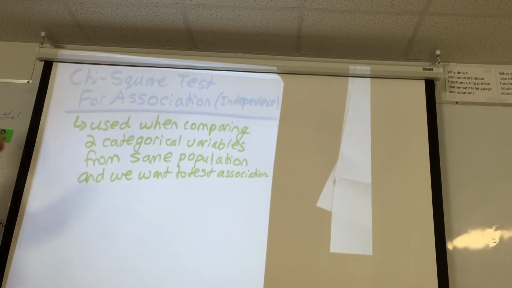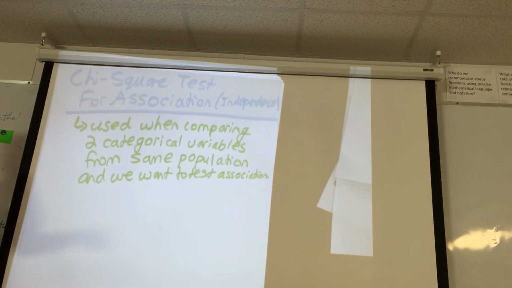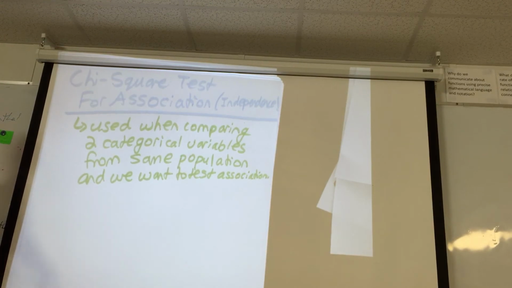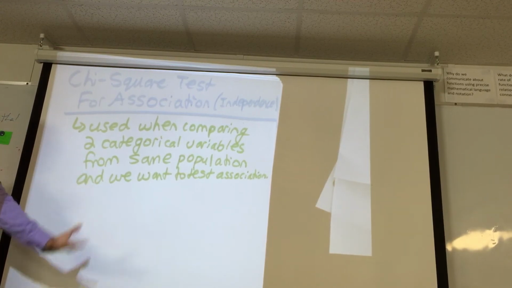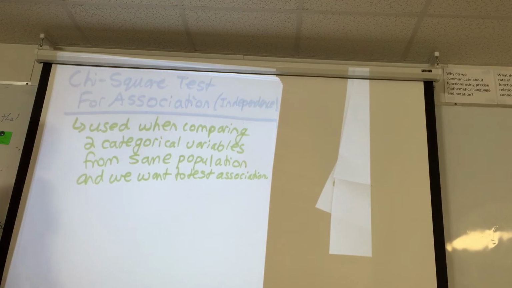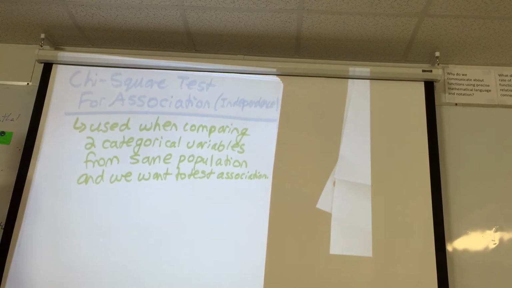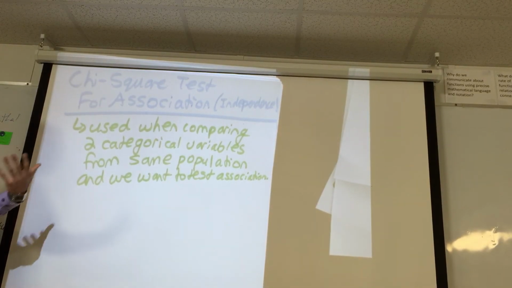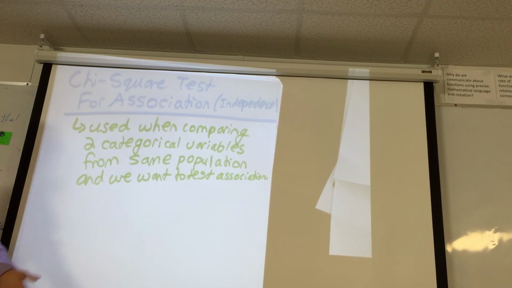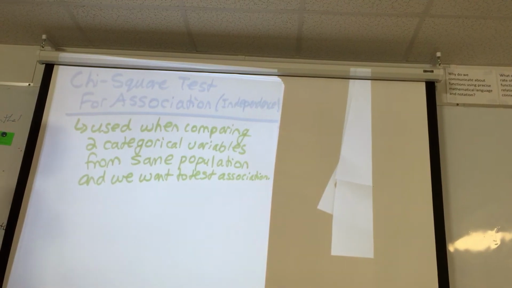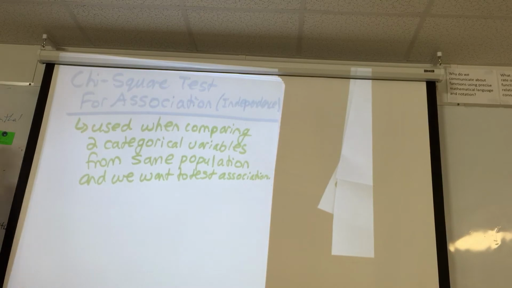Not necessarily that being Indian causes you to like Indian food, maybe it does, but that being Indian is associated with being more or less likely to like Indian food. It's not that being in middle school causes you to like Selena Gomez. It's that being in middle school is associated with being more likely to like Selena Gomez than you all are. That's what I mean by associated.